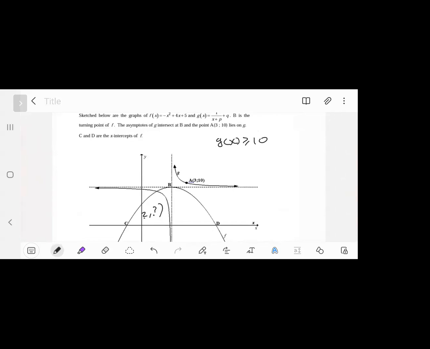Wait. Yeah, it's x is smaller or equal to 3. x is not equal to 3. Yes, I think. But now you are not respecting the isotope.